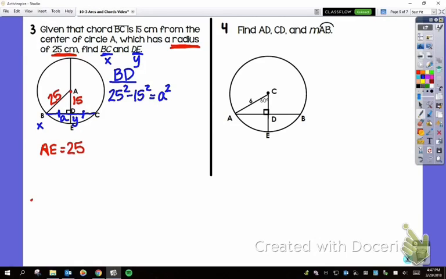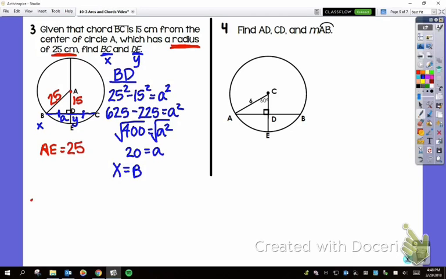So 25 squared gives us 625. 15 squared is 225. When you subtract those, you get 400. And then you've got the square root of 400, which is just 20. Okay, so we know BD is 20, which means to find X, or BC, then we just need to say 20 times 2, which is 40.